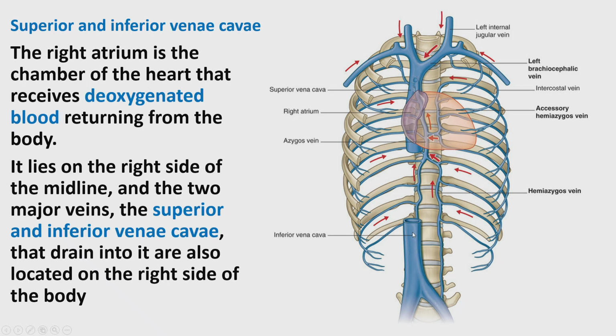The superior and inferior vena cava carry the deoxygenated blood from the whole body and give it to the right atrium, and from the right atrium, of course, to the right ventricle, through the right atrioventricular orifice, and then it's pumped to the pulmonary trunk, to the lung, to exchange oxygen and carbon dioxide.